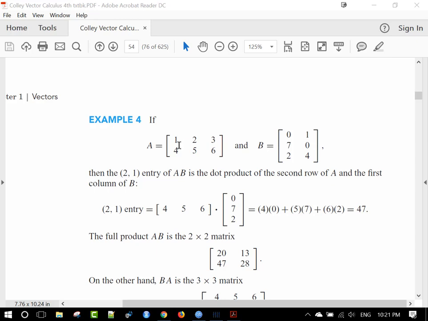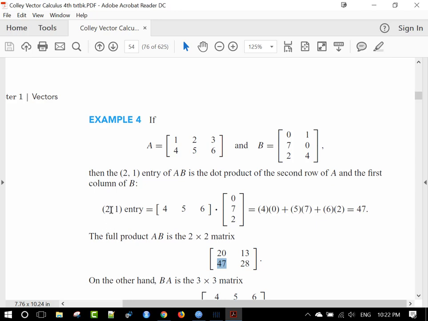All right. So the way to think about this is to recognize that the result is going to be a 2 by 2, and then ask, okay, what is the first entry? What is this entry? What is this entry? And what is this entry? How do we get these entries? They say, for example, the 2, 1 entry. Remember, we always write the row first and the column second.